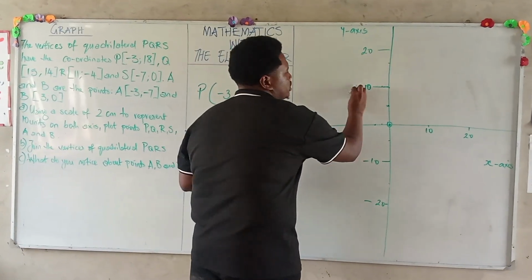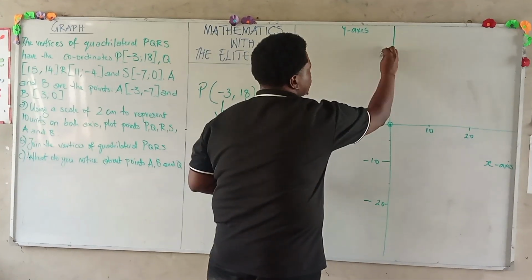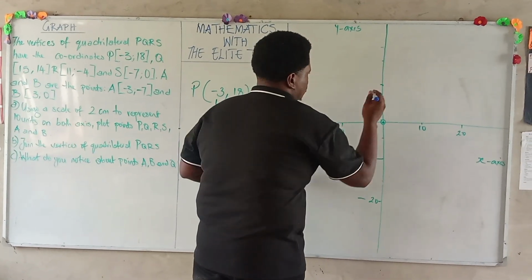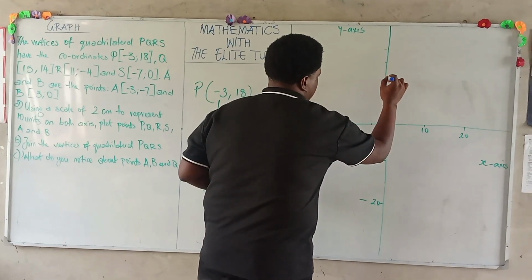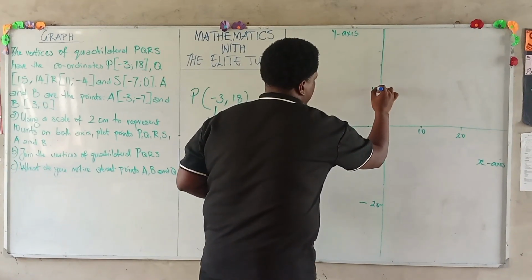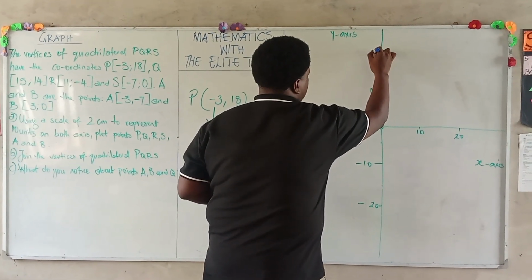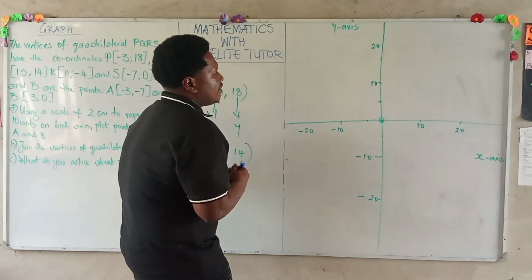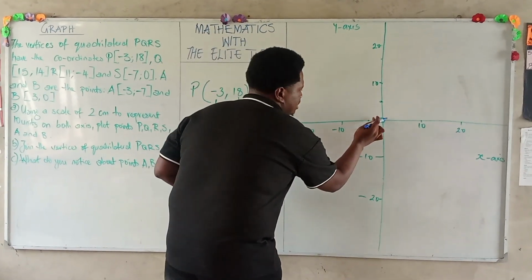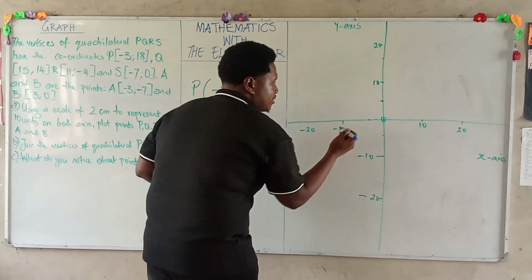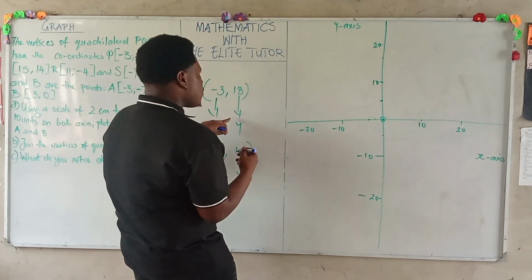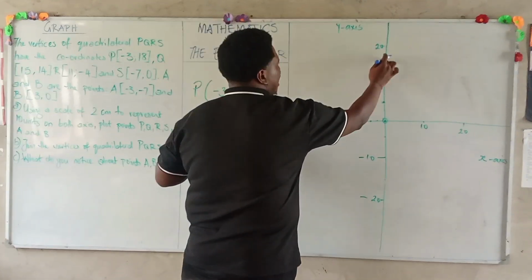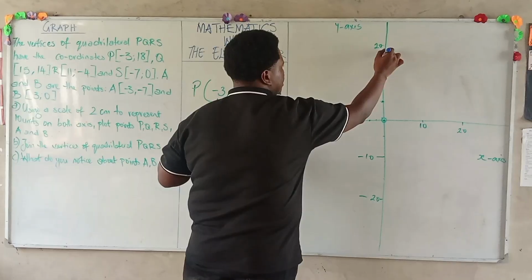Now because of that, let's try to reduce this line that we brought. So we have 10 here, and we have 20. When x is minus 3, we can have minus 3 here based on our graph. Our y is 18, so we can have somewhere 18 around here.